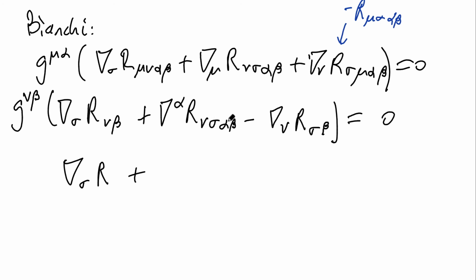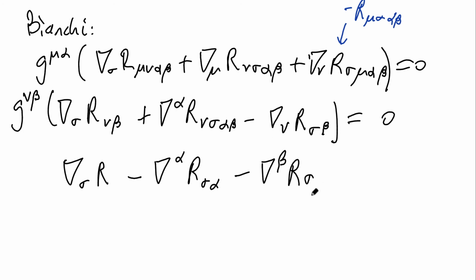Well, we can reverse these two indices, call this ν σ β α, and then we will of course have a minus sign, and then contraction on the first and third index gives us the Ricci tensor R_{σα}. And this last term, we're contracting on ν and β, so that just wires together. Let me just raise this index ν and call it β, R_σ^β equals 0.